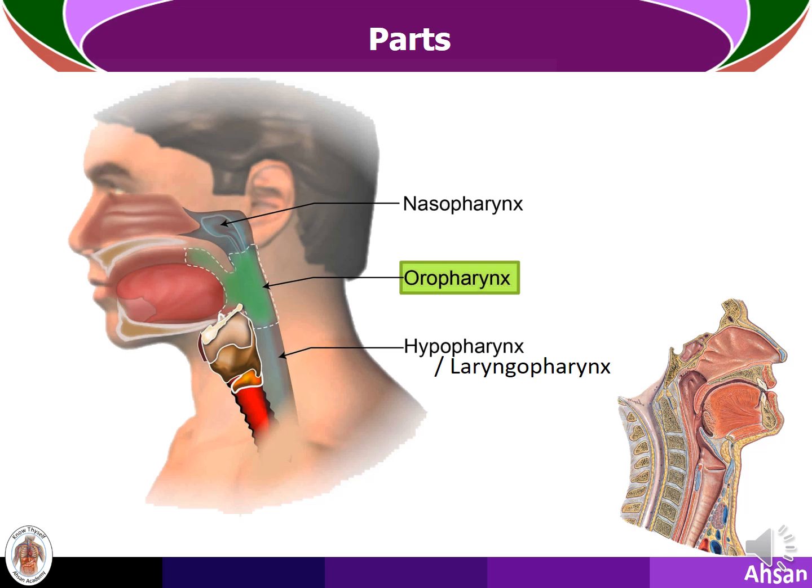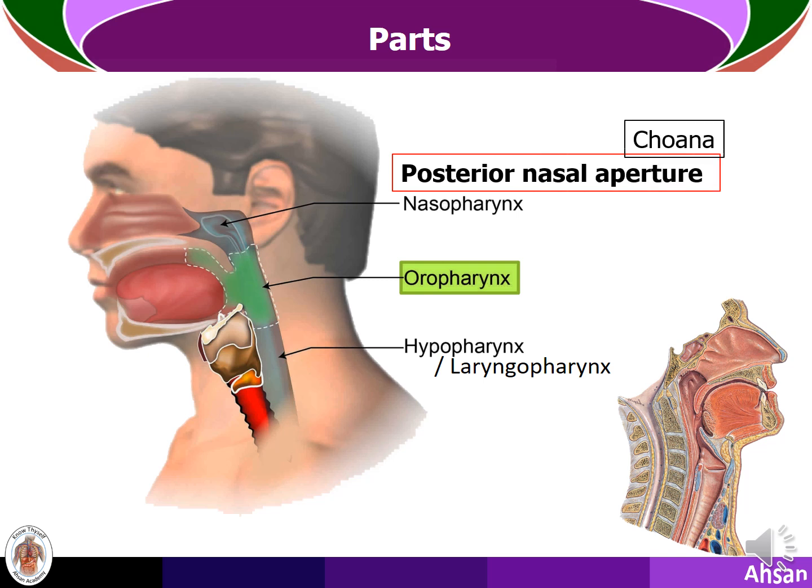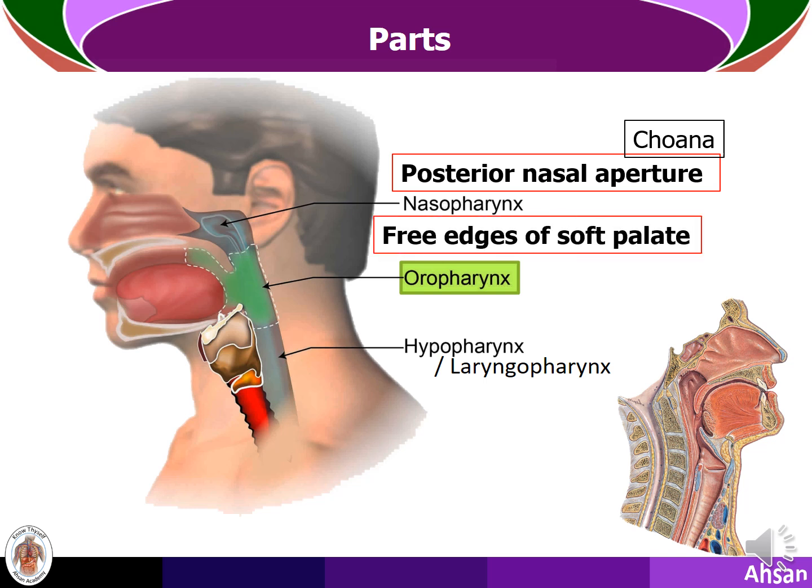You can see the different parts of the pharynx: nasopharynx, oropharynx, and laryngopharynx, also known as the hypopharynx. The nasopharynx extends from the posterior nasal aperture below the base of the skull, and becomes continuous at the level of the free edge of the soft palate.